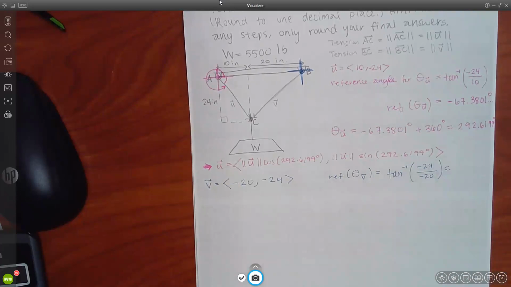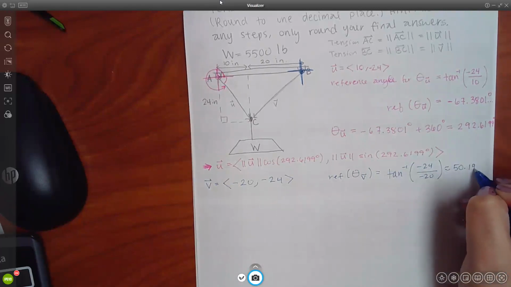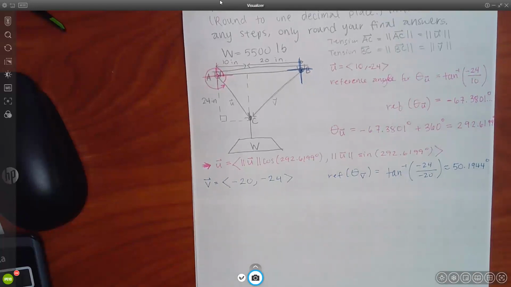And I don't know what that is. 24 negative divided by 20 negative, and then the tan inverse of that. I get about 50.1944 degrees. As long as you round those degrees to 4 places, you should be okay.